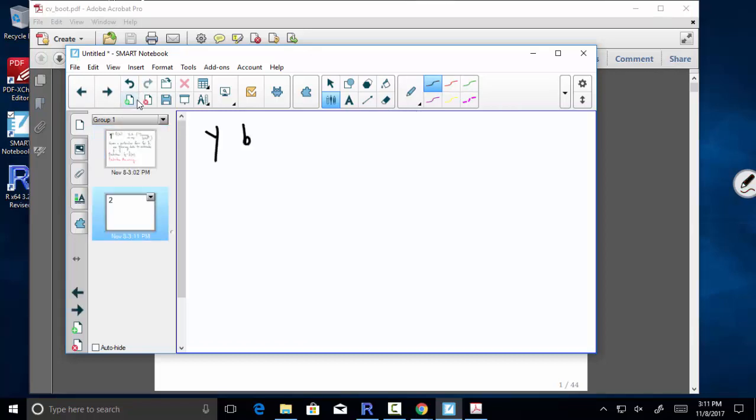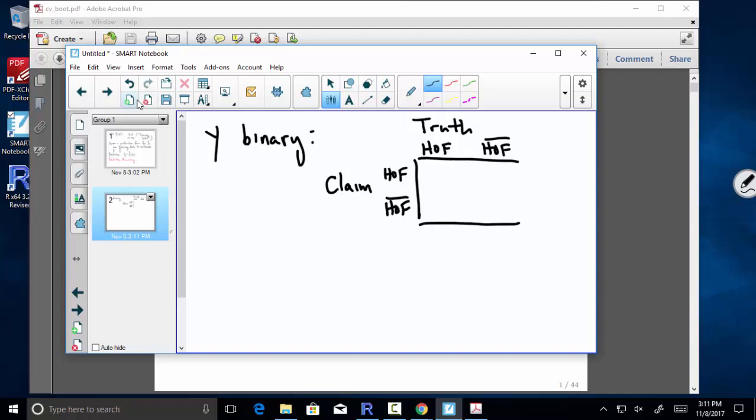If Y is binary, then we have this 2x2 breakdown of possibilities. Each player is either in the Hall of Fame or not, and we're going to make a prediction for each player that they're either in the Hall of Fame or not. So here are cases where we made the correct prediction, and here are places where we made mistakes.